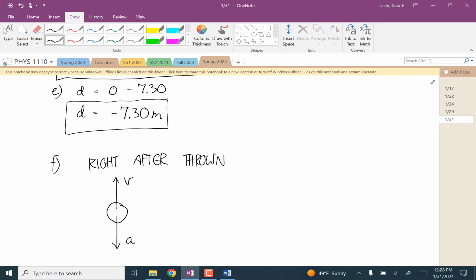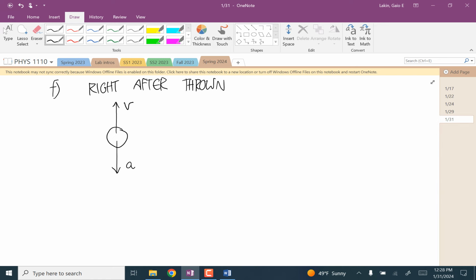Opposite, exactly. So if it's moving up, its velocity is up, and it's slowing down, its acceleration has to be down. Then it asks for the same two things when it reaches the ground level.